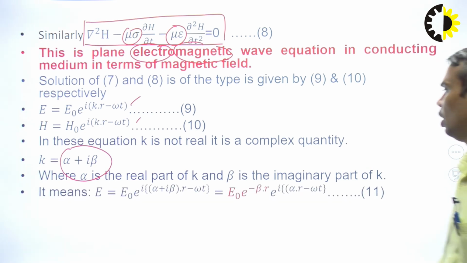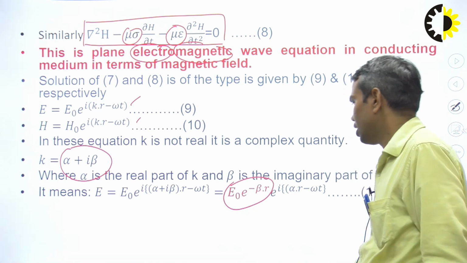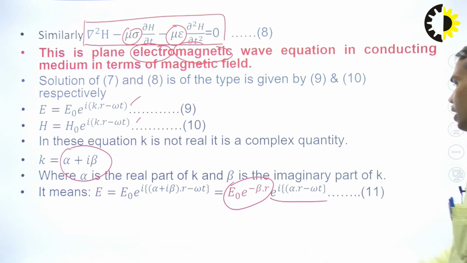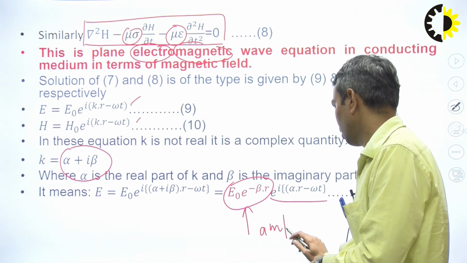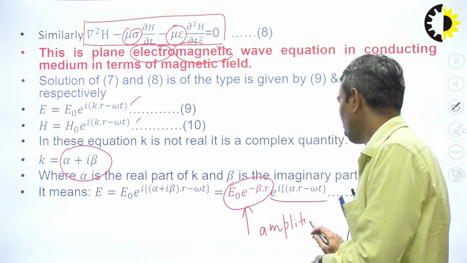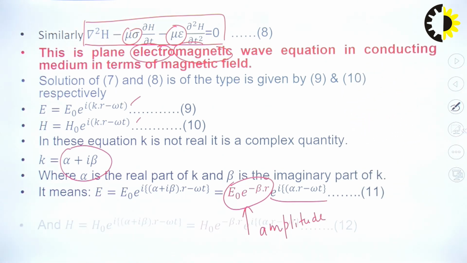If we solve, then we get E0 exponential minus beta r and this oscillatory term. So this amplitude is decaying, not constant, because these metals are lossy.